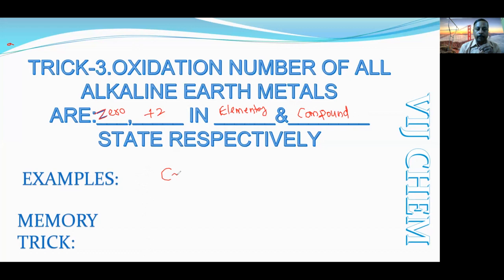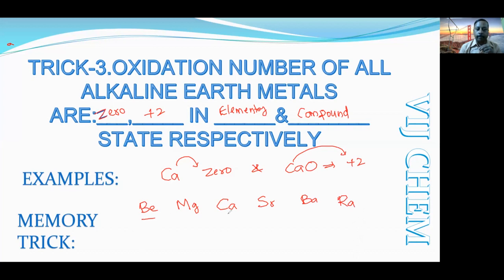If I take calcium alone, what will be the oxidation number? 0. But the same calcium in the compound state, calcium oxide, has an oxidation number of +2. Memory trick: Be, Mg, Ca, Sr, Ba, Ra. These elements are collectively called alkaline earth metals.